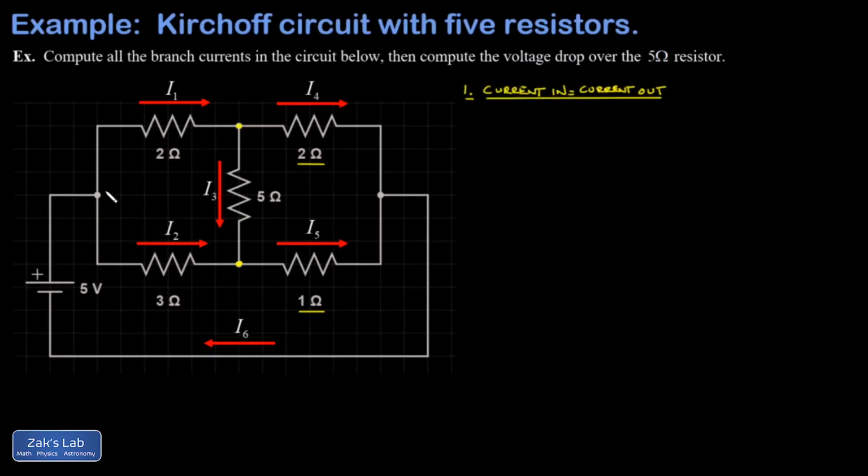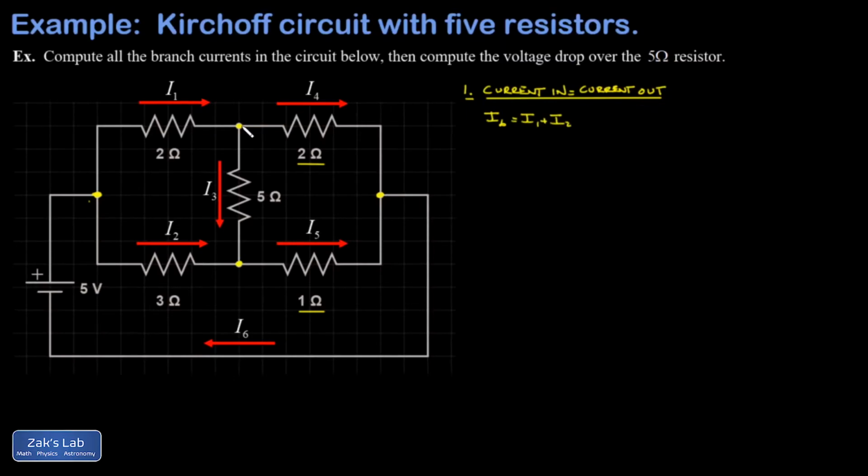So we have 4 nodes to choose from here, and we can apply that first Kirchhoff law to each of those 4 nodes. So I'm going to start with the one on the left and work my way to the right. At that leftmost node, I6 is flowing into that, and I1 and I2 are flowing out of that. So I6 is equal to I1 plus I2.